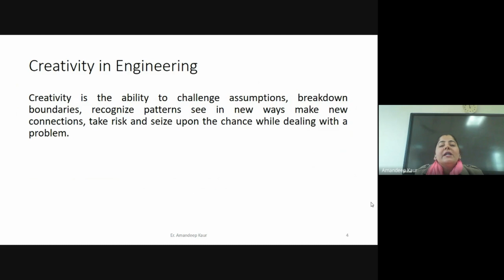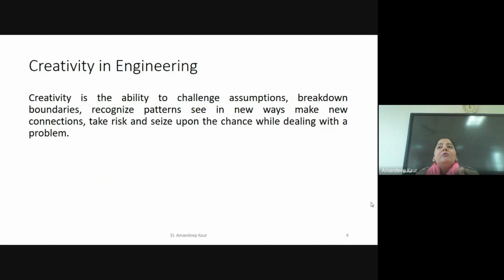Every time we talk about creativity, it is not that every time an individual student or group of students at your institute is going to design something new or give a new product to society.